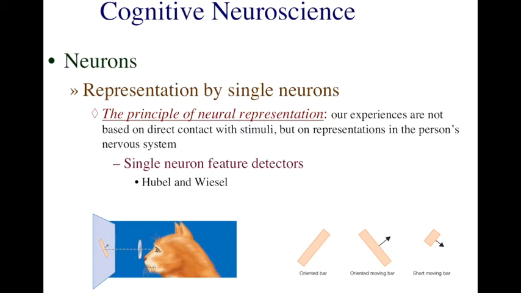Some were tuned to short bars, some were tuned to long bars. But these single neurons were quite specific in the type of stimulus they were looking for. They needed to see a bar at the particular orientation moving in a particular direction in order to fire.